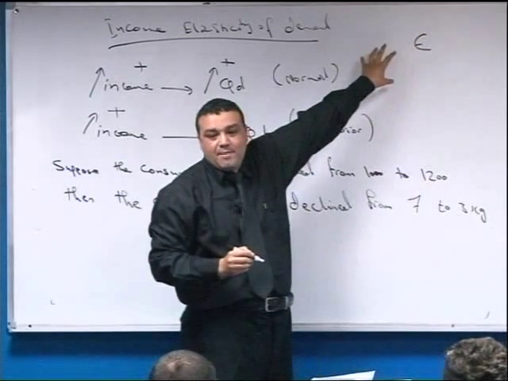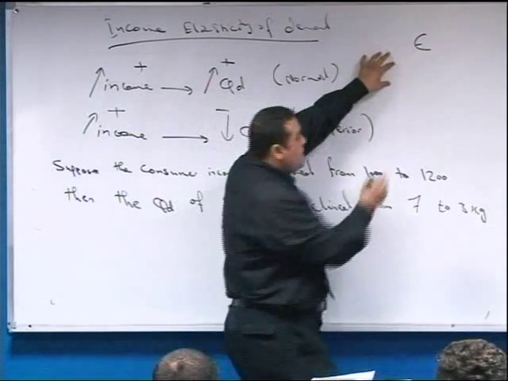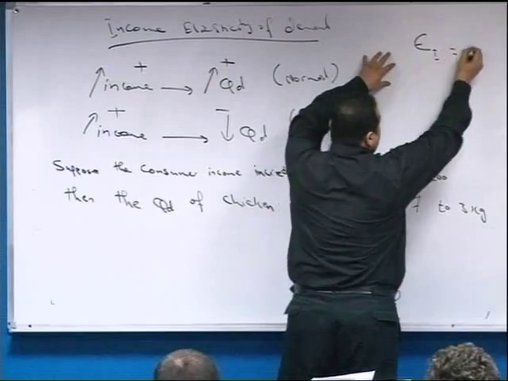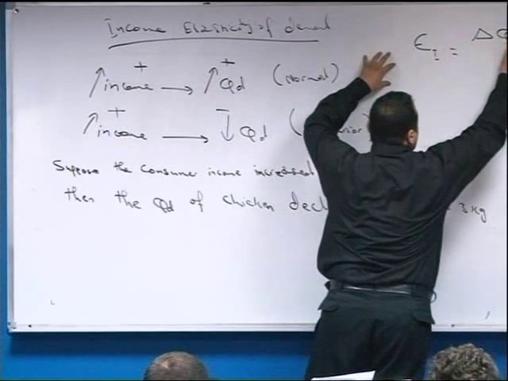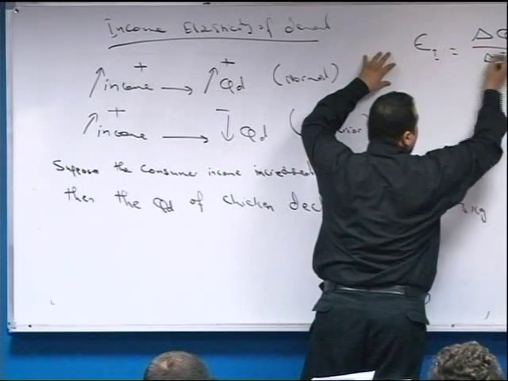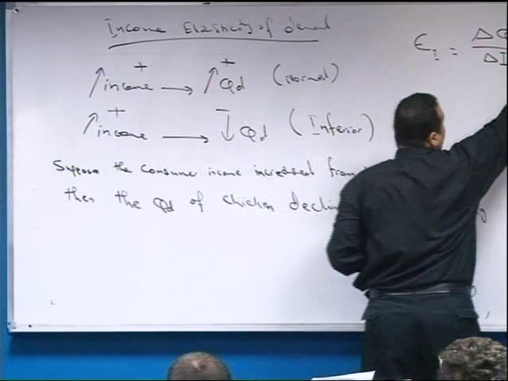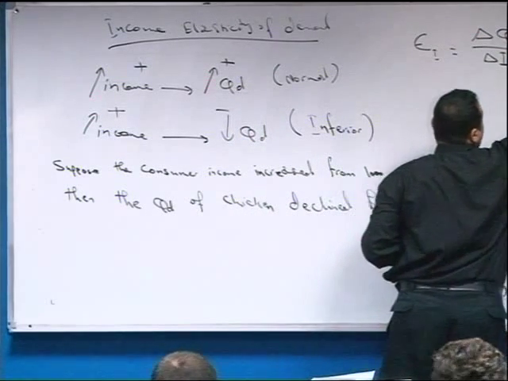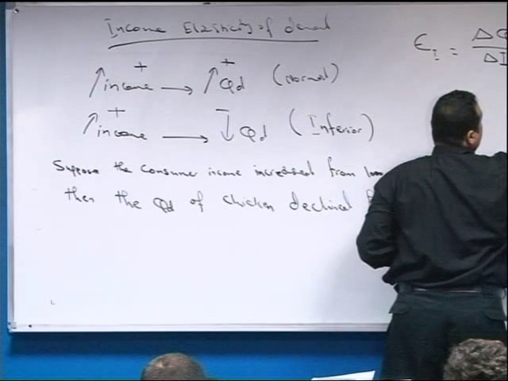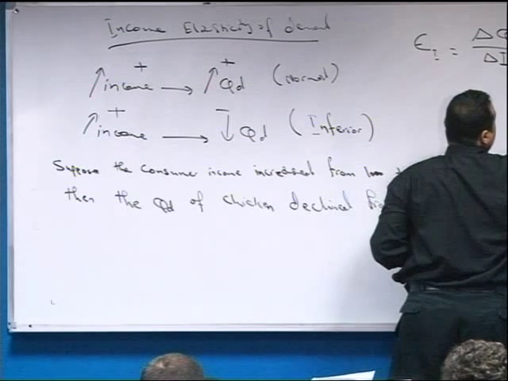Income elasticity of demand, E_I, equals delta QD over delta I, meaning income, times I2 plus I1 over QD2 plus QD1.